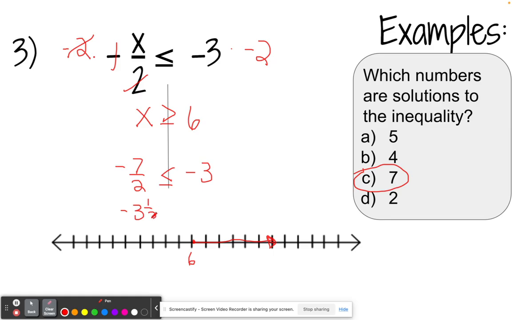Is negative 3.5 less than or equal to negative 3? Yes, it's less than that. If I put an 8 here, it'd be negative 4, and negative 4 is also less than negative 3. So 7 is the correct answer. Now people start getting confused and start thinking that 6 is the number I'm looking for here. No, just all the numbers bigger than 6 will make this inequality true.